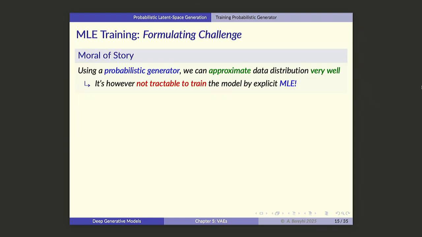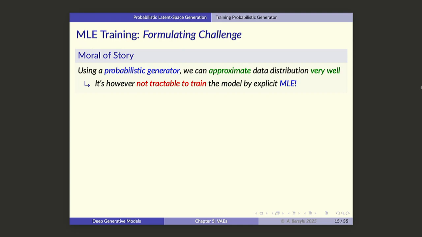So this is the moral of the story, or summary of what we have done up to this point. We have this probabilistic generator using the Gaussian conditional. This is a very good model because it can approximate any distribution that we want. This is cool, but the challenge is that we end up with a likelihood term which is not tractable to compute, and because of that, we cannot train this model.